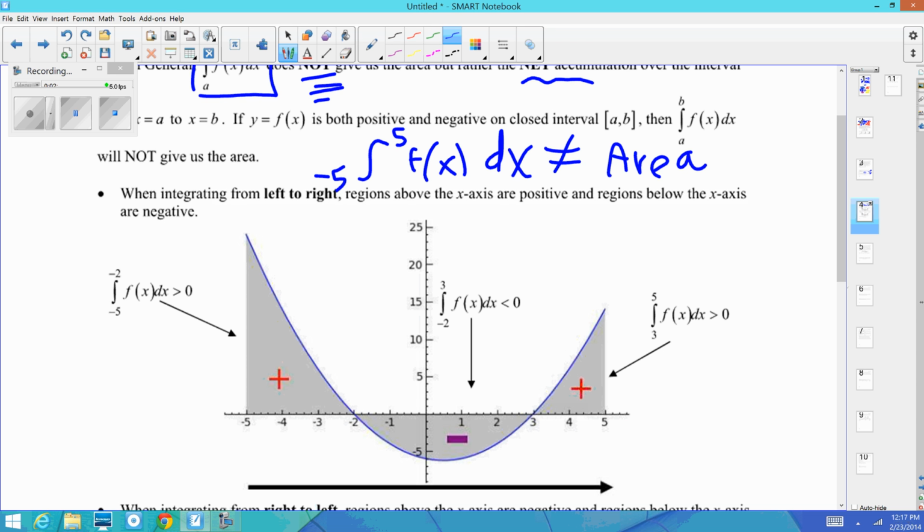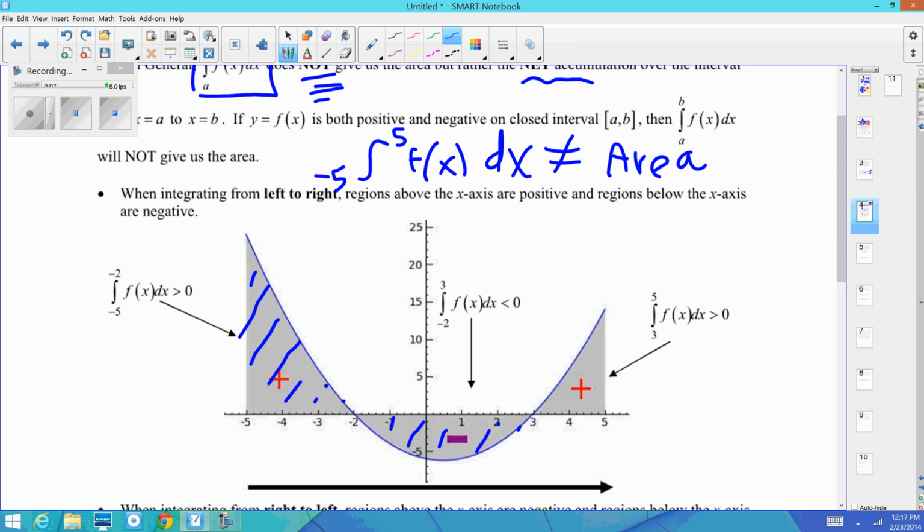So if we're thinking about something like cupcakes, here you're starting with a positive number of cupcakes, and then you eat a couple, so you lost some. So you're going down, the net accumulation is going down.